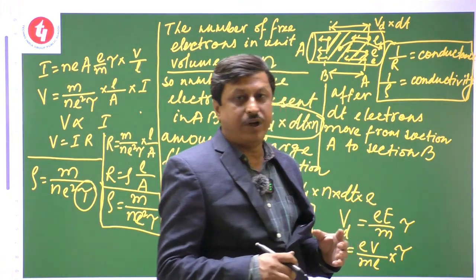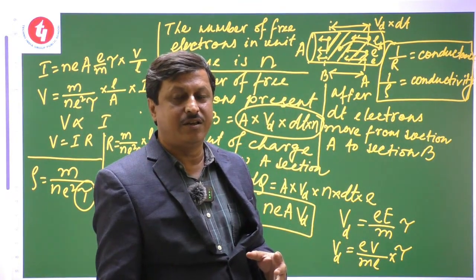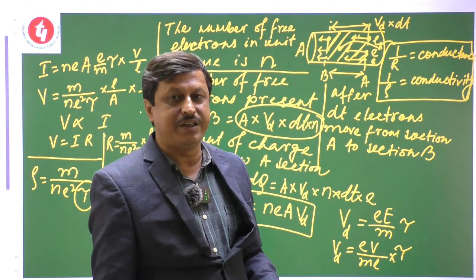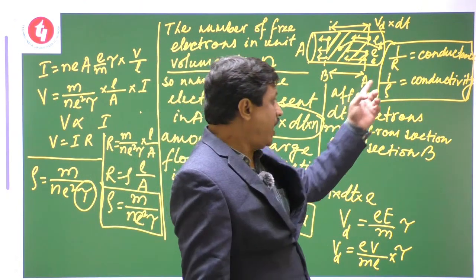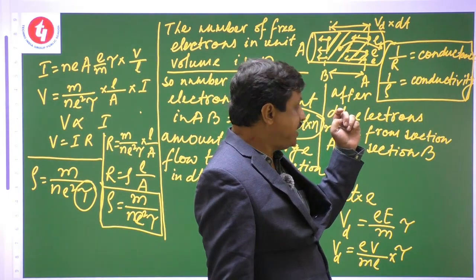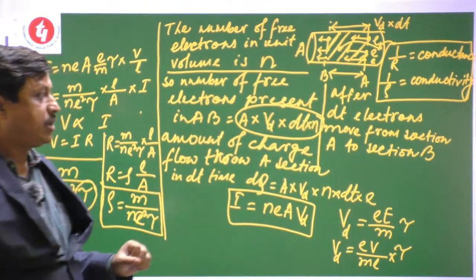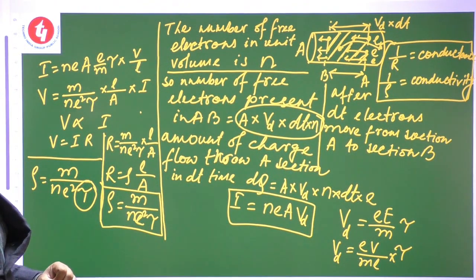That means whenever the conductance of a conductor increases, current will increase. And 1 by resistivity is called conductivity. These two terms are also very important.